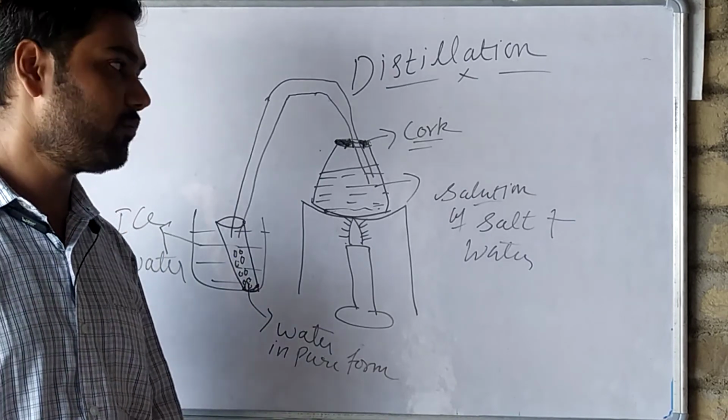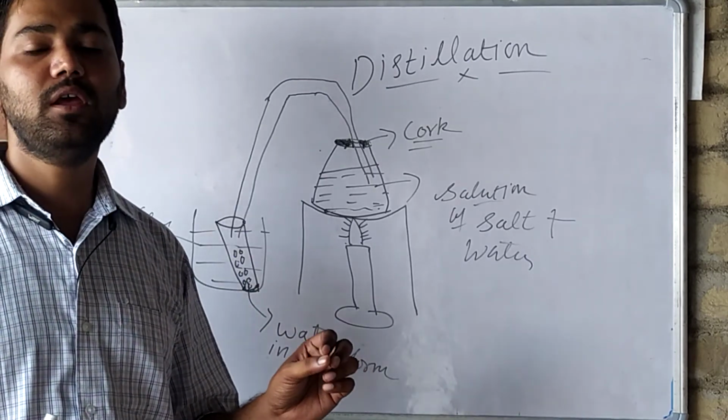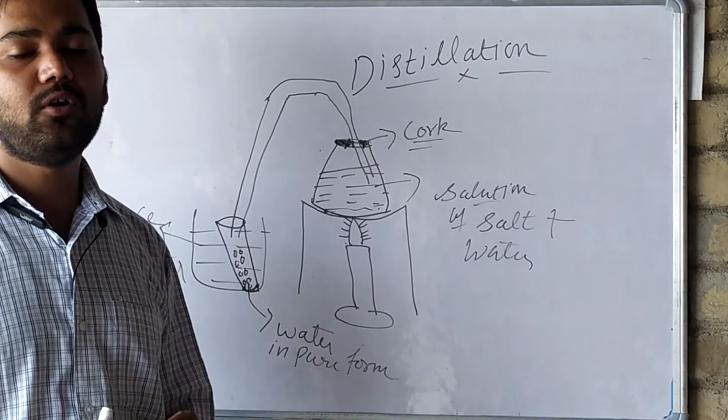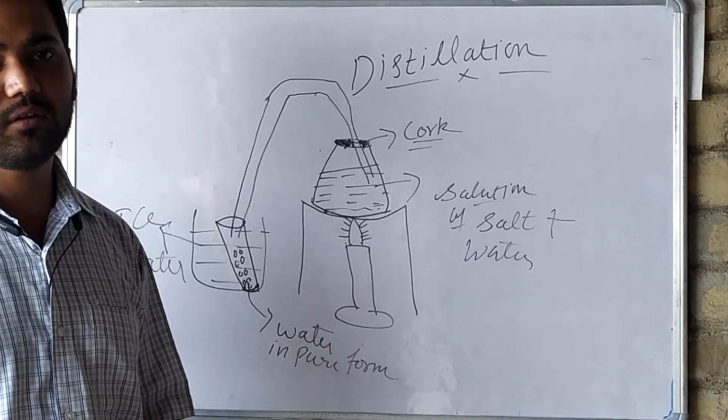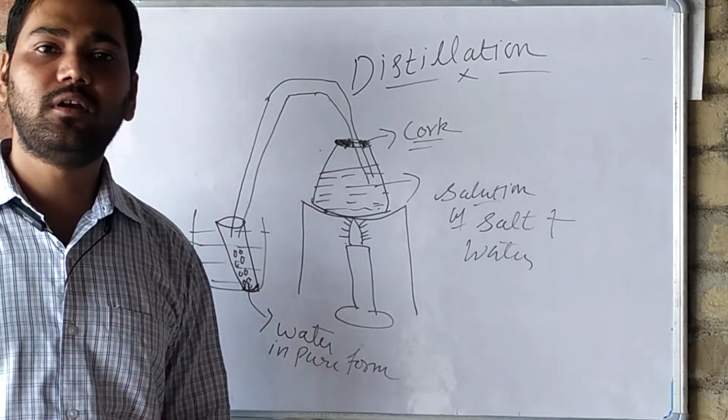Distilled water means that the liquid does not contain any salt. If the solution was of salt and water, the liquid will not contain any salt, and if it was of sugar and water, it will not contain any sugar. It has only water in its pure form. So this process is known as distillation.